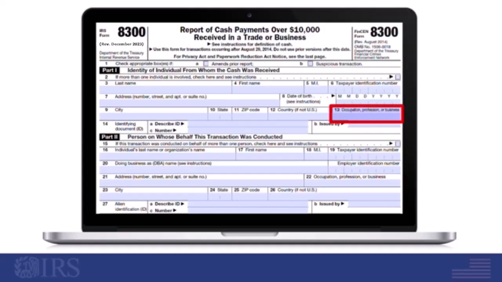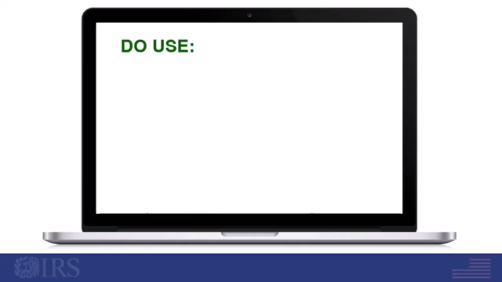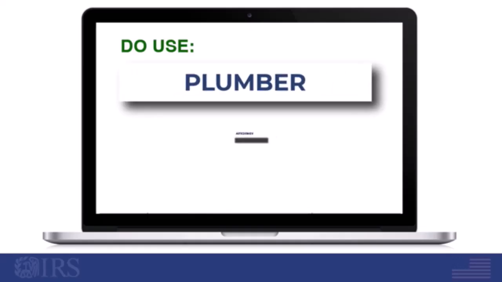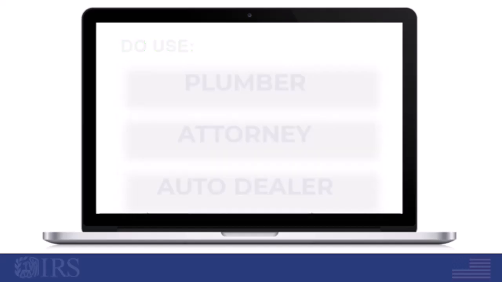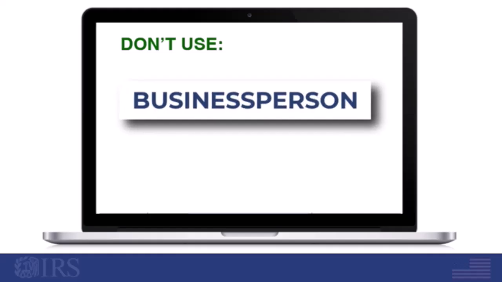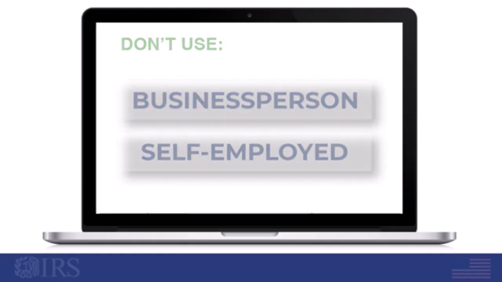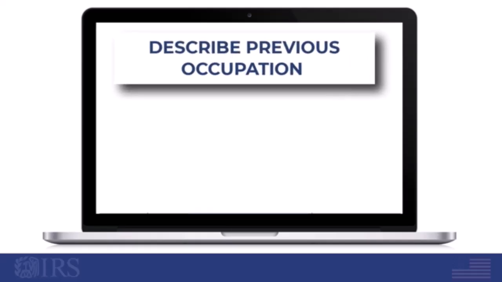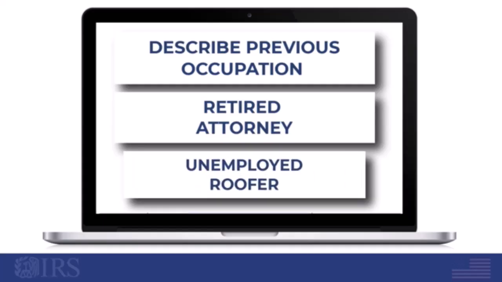Here, you want to fully describe the nature of the occupation, profession, or business. For example, use plumber, attorney, or automobile dealer. Don't use general or nondescriptive terms such as business person or self-employed. If the individual is retired or unemployed, describe the individual's previous occupation, such as retired attorney or unemployed roofer.